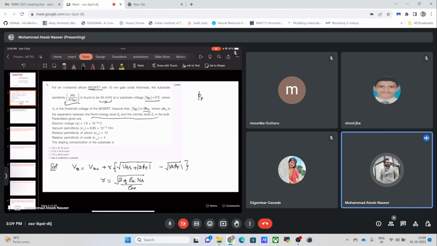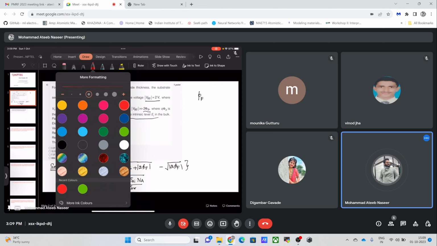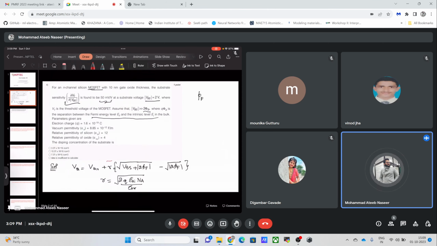So what should be the unit of this gamma? Just by looking at this expression, what should be the unit of gamma?